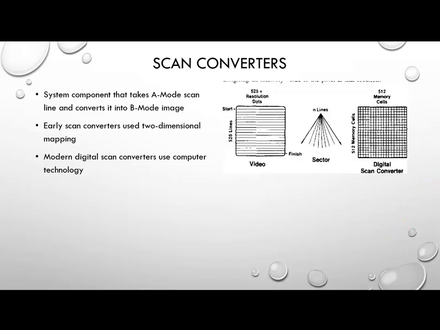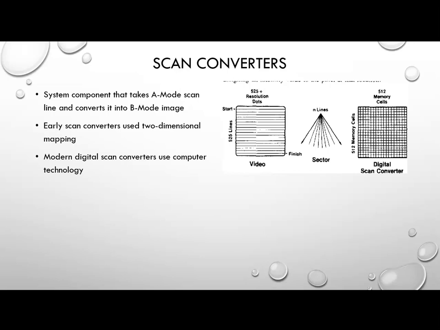Scan converters are the next system component after the receiver. The receivers take the information from the transducer, convert it into an A mode scan, and then this is sent to the scan converter where it is then converted into the B mode image.